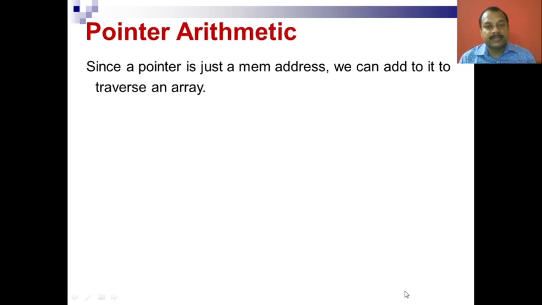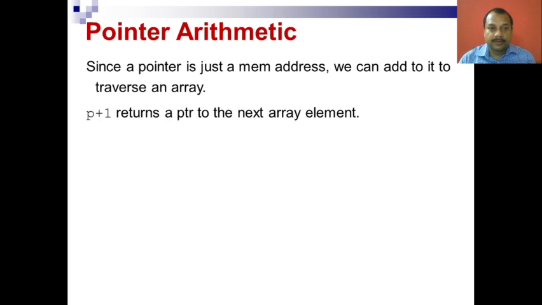Since a pointer is just a memory address, we can add to it to traverse an array, as I mentioned. Now p + 1 returns a pointer to the next array element, if I assume there is an array and p is pointing to some array element.